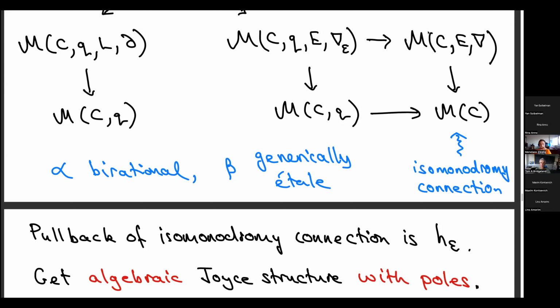Because this isomonodromy connection is algebraic, everything here is actually algebraic. In simple examples, where I'm considering quadratic differentials with poles, I can write all this explicitly using polynomial equations.